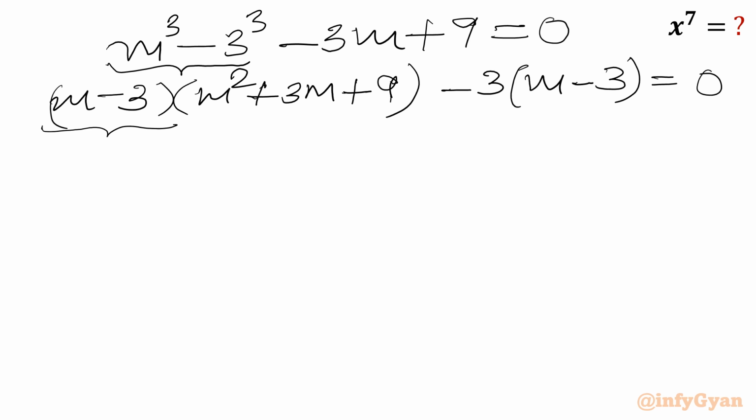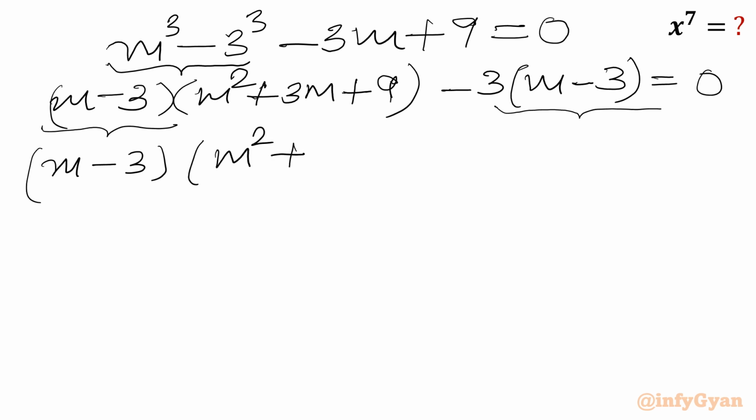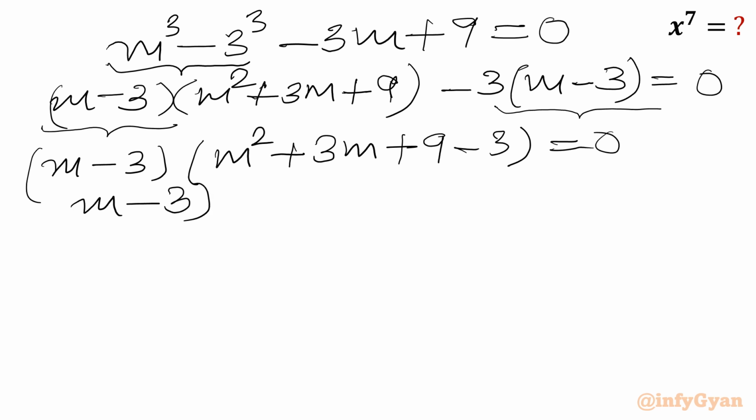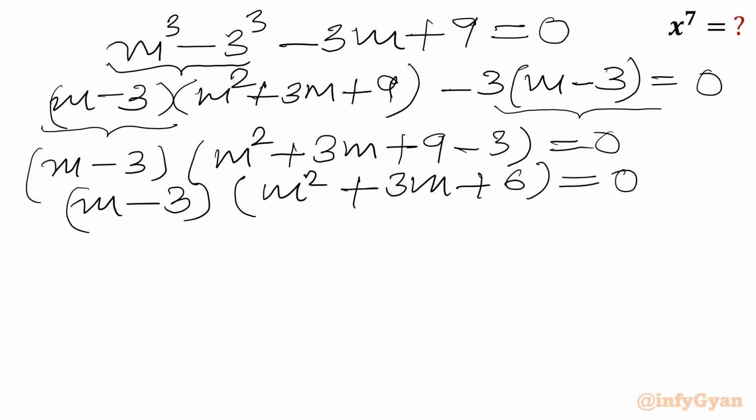Now let's take m minus 3 common. So in the bracket we'll have m square plus 3m plus 9 minus 3 equal to 0, or we can write (m minus 3) times (m square plus 3m plus 6) equal to 0.